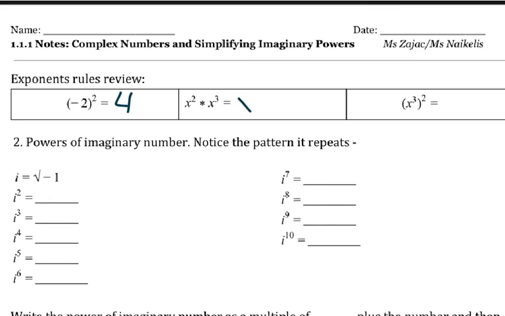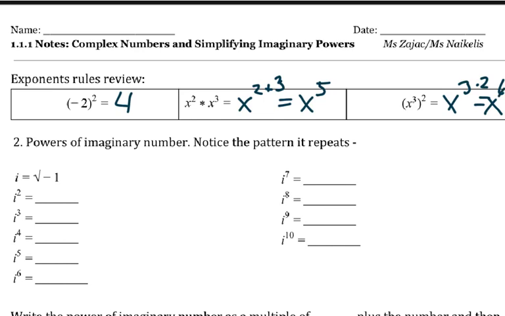The rule is keep the base, add exponents. So the answer is x to the fifth. If we have a power to a power, so we have x to the third raised to the second power, the rule is keep the base, multiply the powers. So that's going to be x to the sixth.